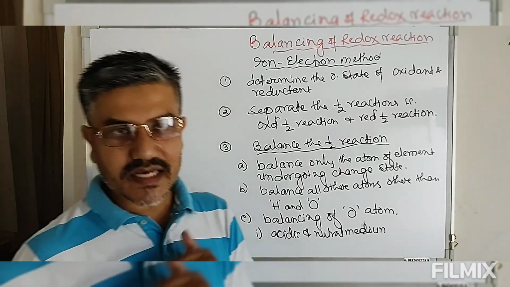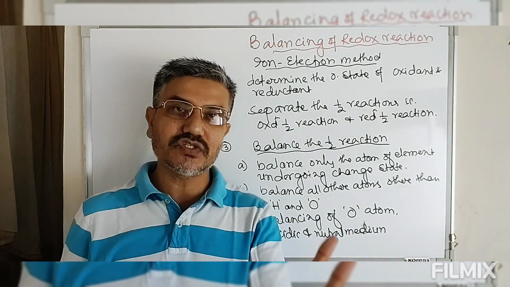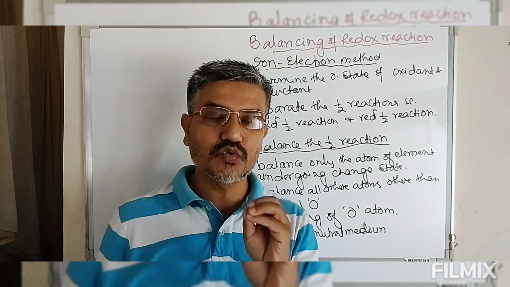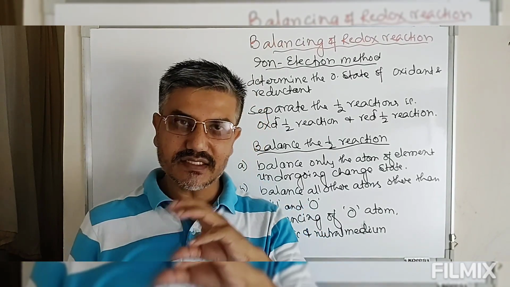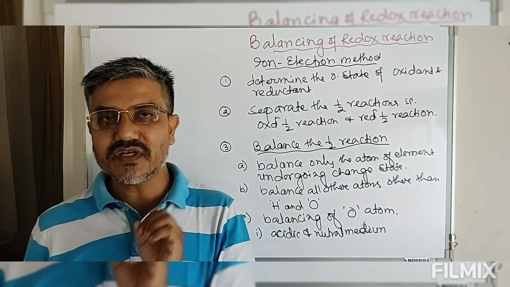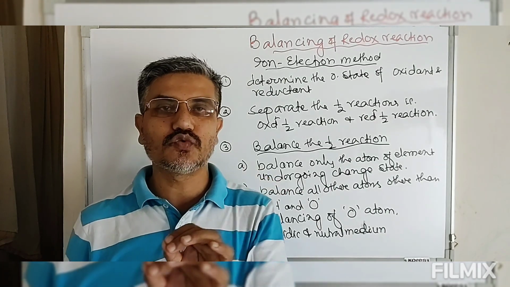Balancing of oxygen should be done in such a way that to the side having deficiency of oxygen, add a suitable number of water H2O molecules. So if there is a deficiency of 2 oxygen atoms, then to the side having deficiency of 2 oxygen atoms, we have to add 2 H2O molecules.